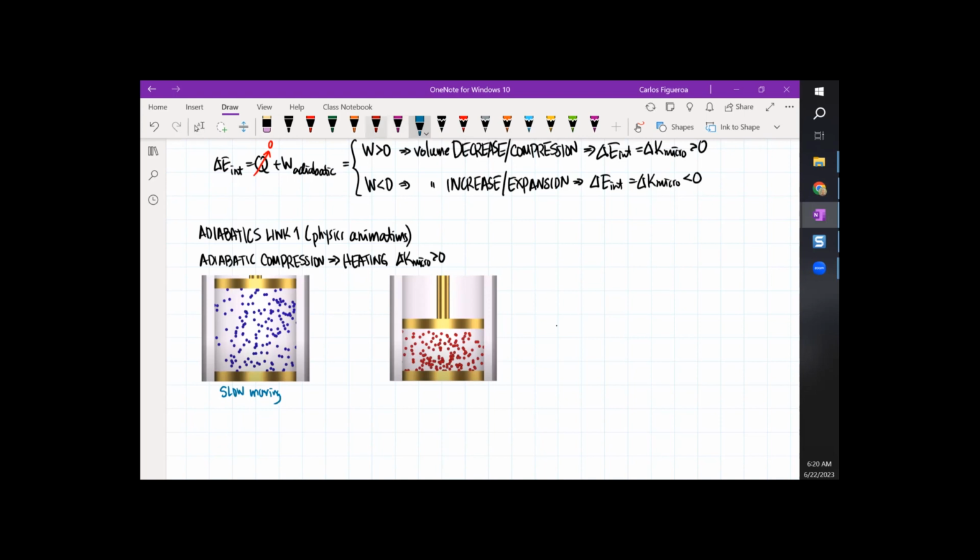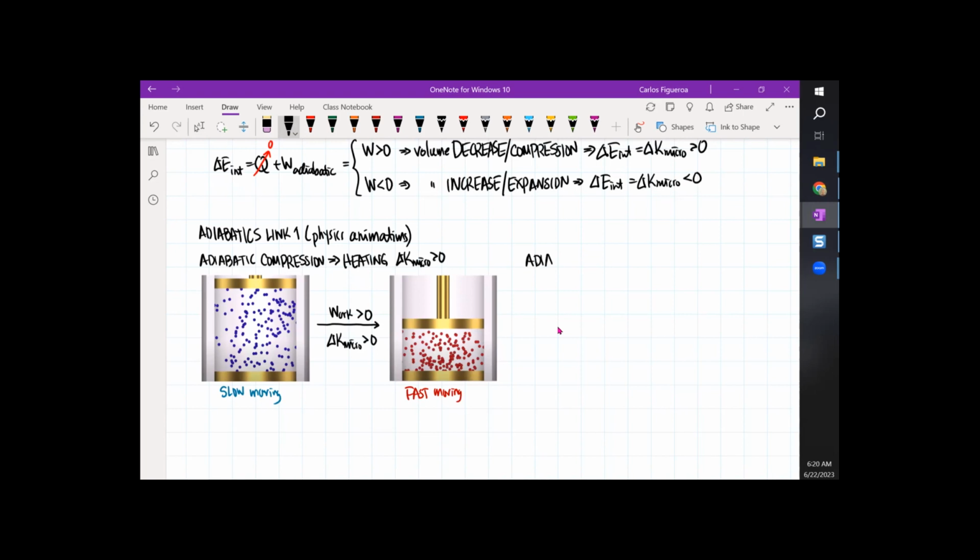And then I ended up with fast moving gas particles. And that's because of the work of the compression. So here, this work is positive. Therefore, K micro had to increase.